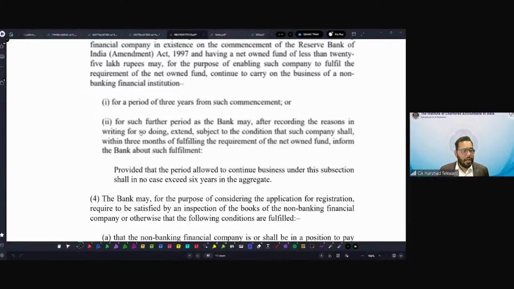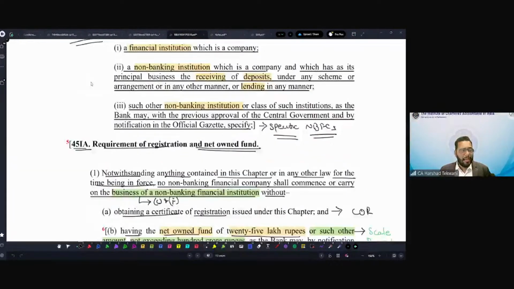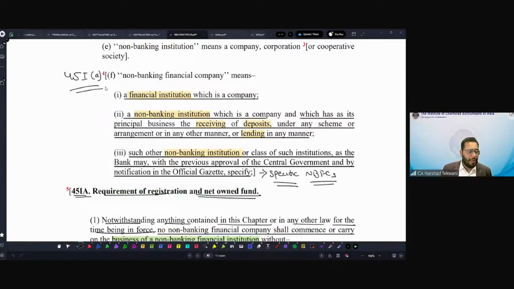in 45-IF, this from A it is coming, so I'll just remove it to avoid confusion. This is 45-IF. Now here, if a non-banking company is carrying out receiving deposits or such other institution, this is one.